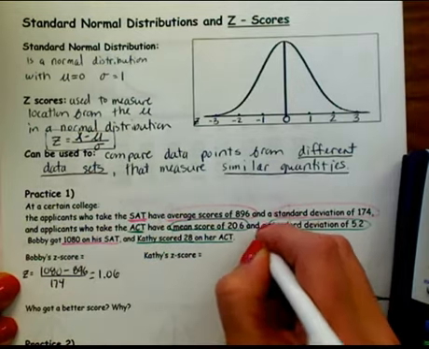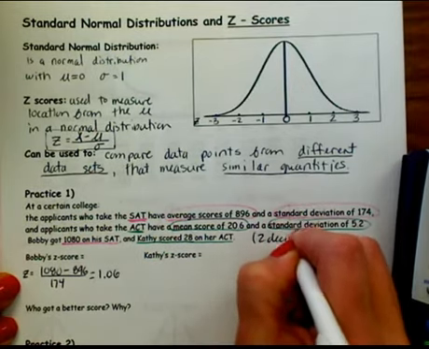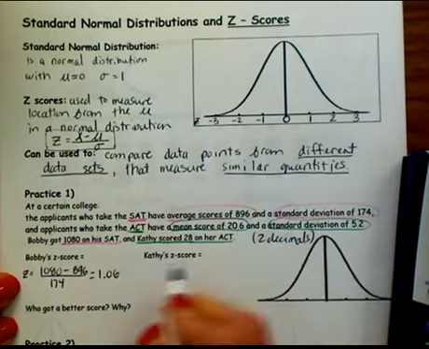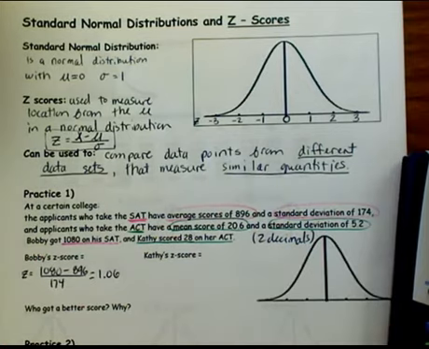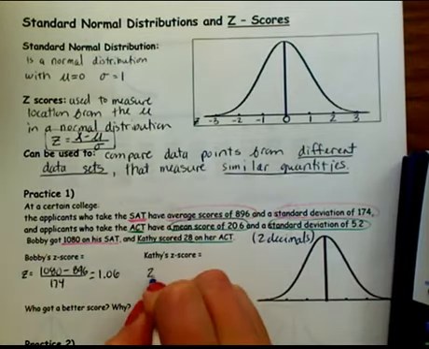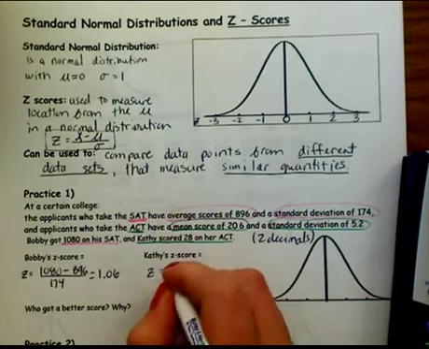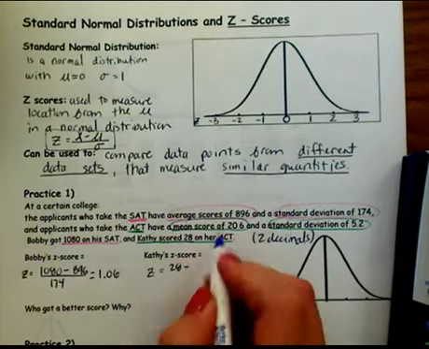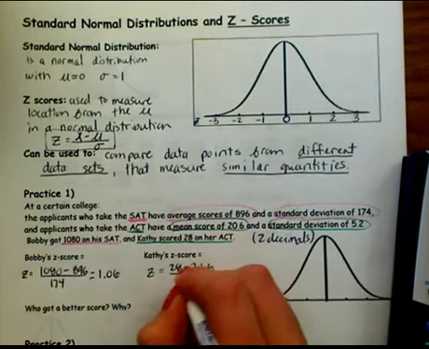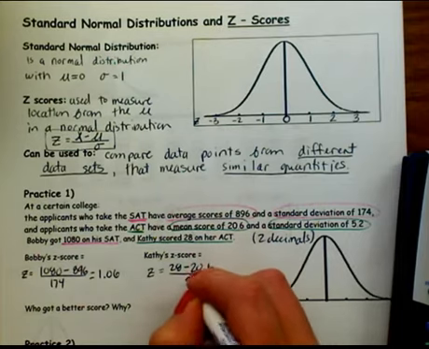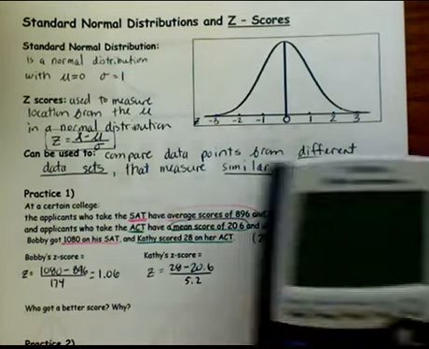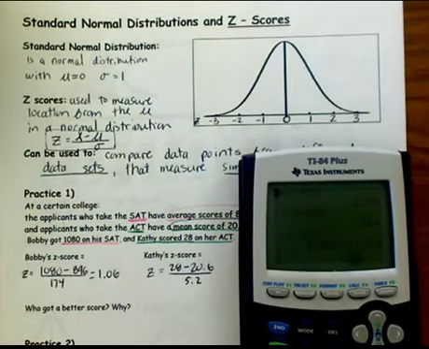And we're going to go ahead and round to 2 decimals for Z-scores. Okay, let's find Kathy's Z-score. Kathy scored a 28 with an average of 20.6 and a standard deviation of 5.2, which gives 1.42.